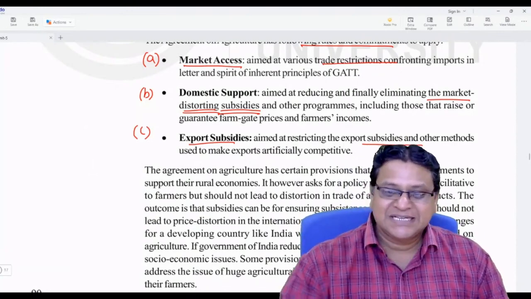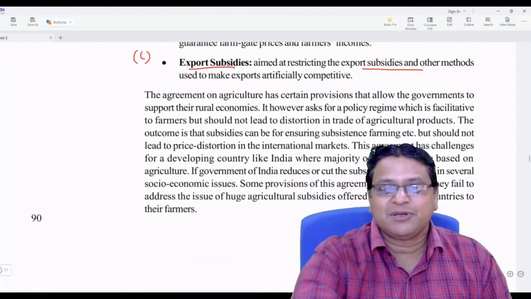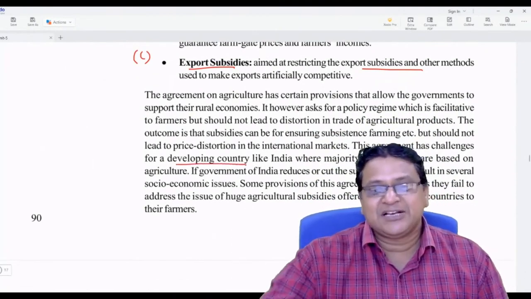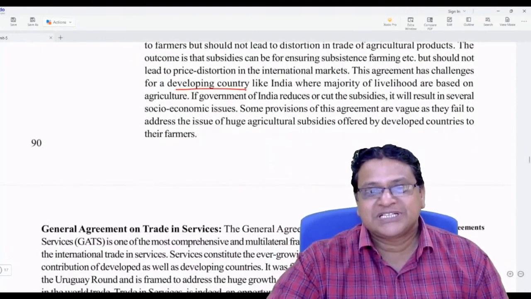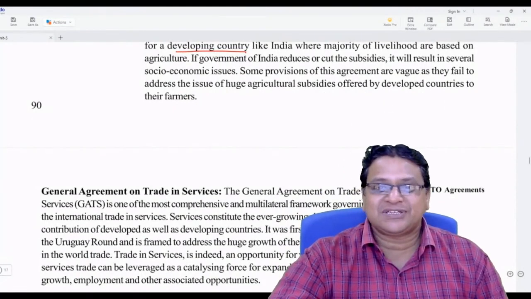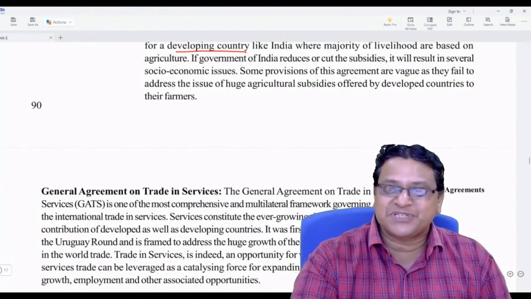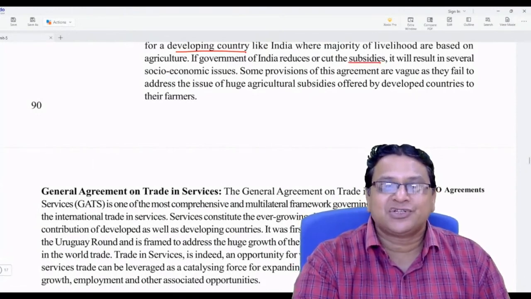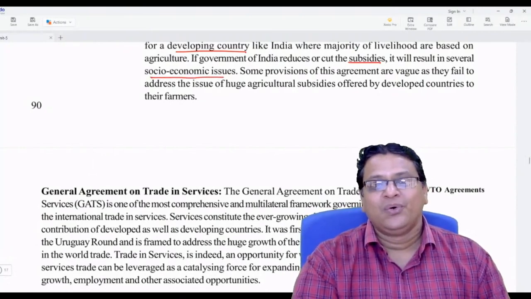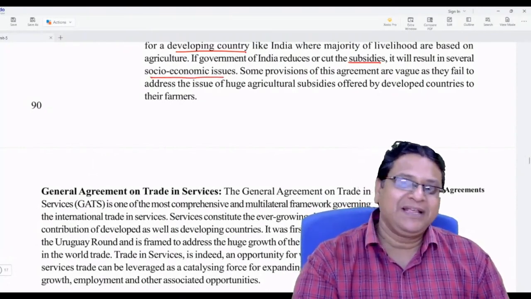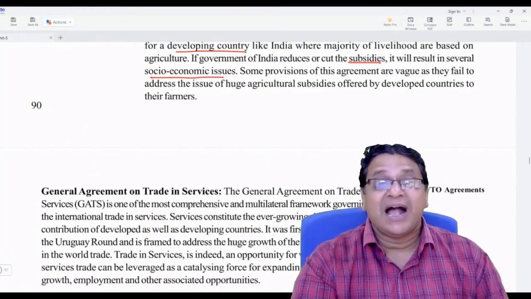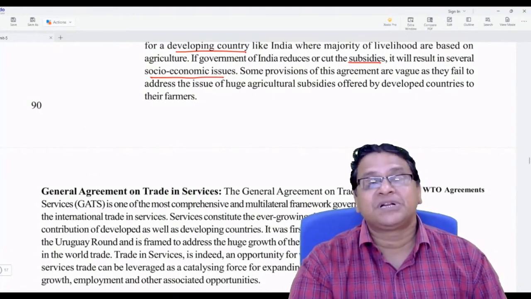Okay, but this agreement has some challenges for developing countries like India. We know that India is a country where most of the people still depend upon agriculture. So if we reduce the subsidy or cut the subsidy, it will result in several socio-economic issues in India. So the Indian government is providing huge agricultural subsidies, but not as huge as developed countries are providing.